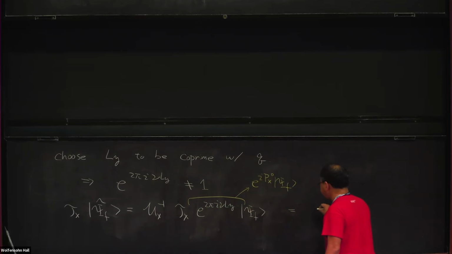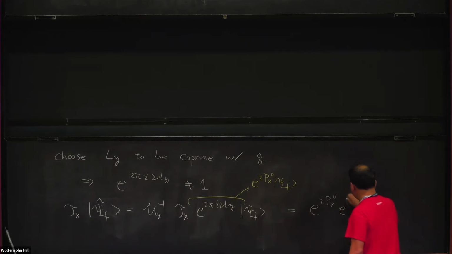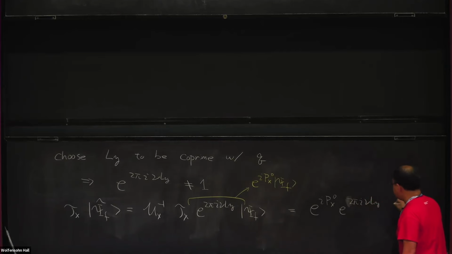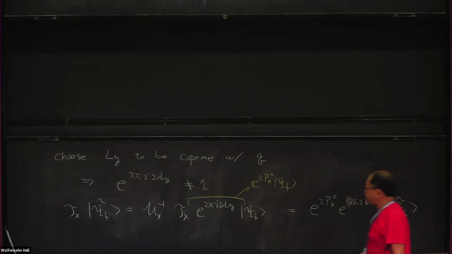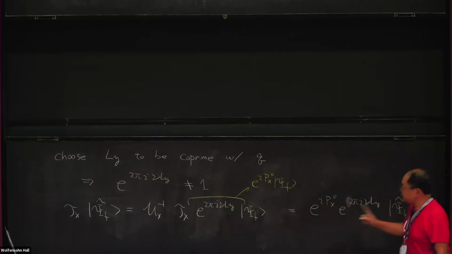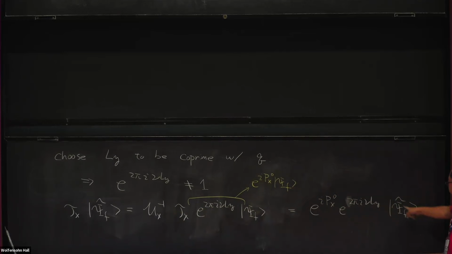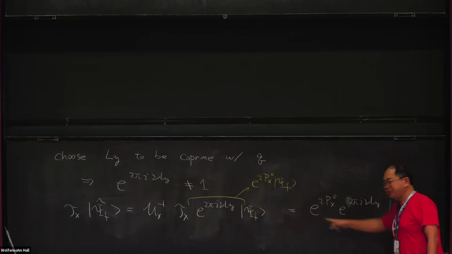So what you get in the end is e to the i px0 times e to the 2 pi i nu Ly times psi f tilde, because Ux inverse times psi f is psi f tilde. So now we find the eigenvalue of Tx for this gauge transformed state psi f tilde, and the eigenvalue is this.